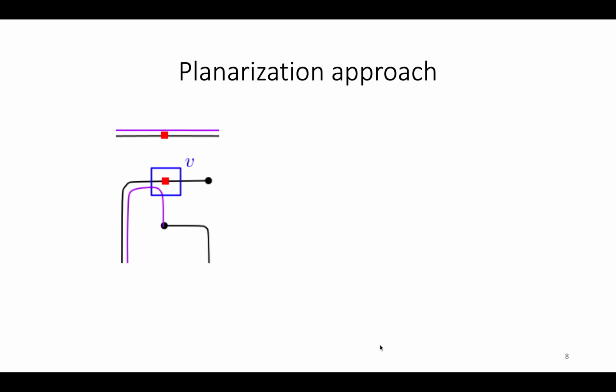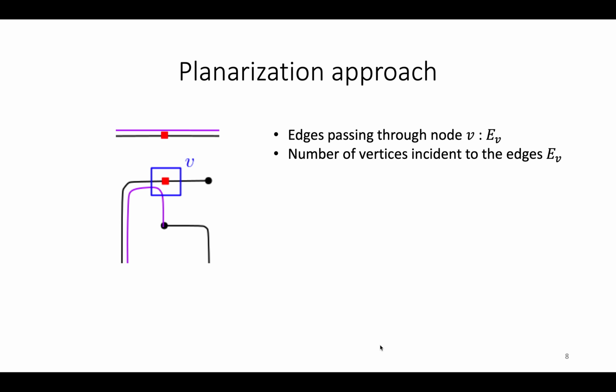So we see this node V, and we want to bound the number of edges passing through this node V. We look at all the edges passing through this node V and take the subgraph induced by these edges. And we would like to count the number of vertices incident to these edges.